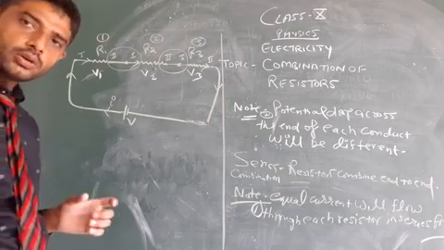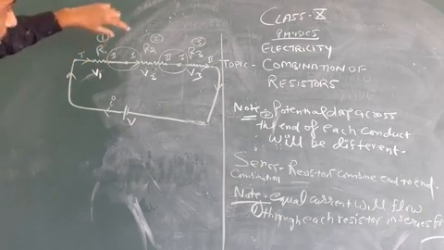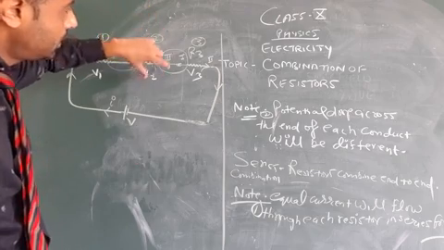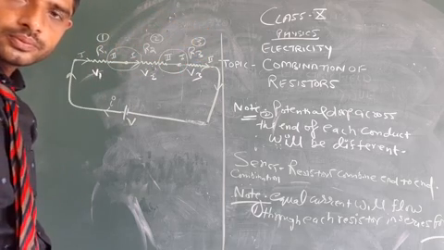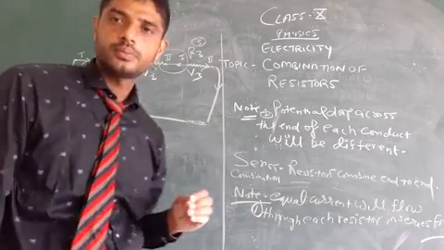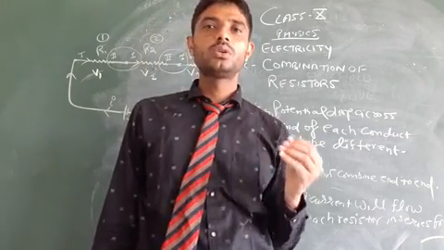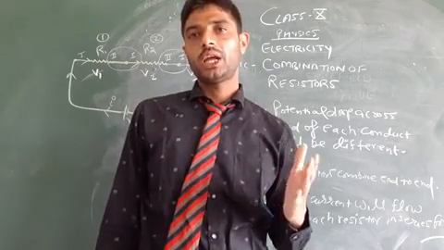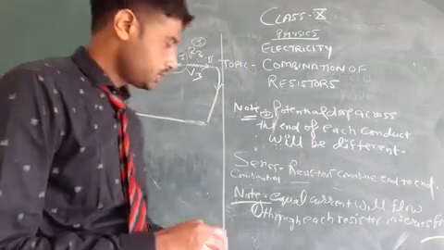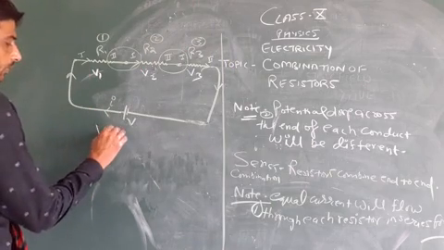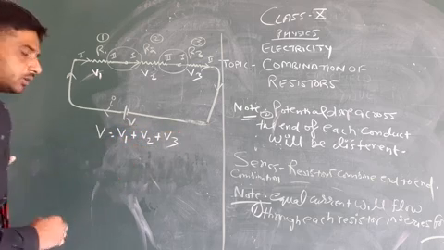The potential drop across the end of the first resistor is V1, across the second resistor is V2 and across the third resistor is V3. And the algebraic sum of potential differences is equal to the total potential applied in the circuit. It means the value of V is equal to V1 plus V2 plus V3.